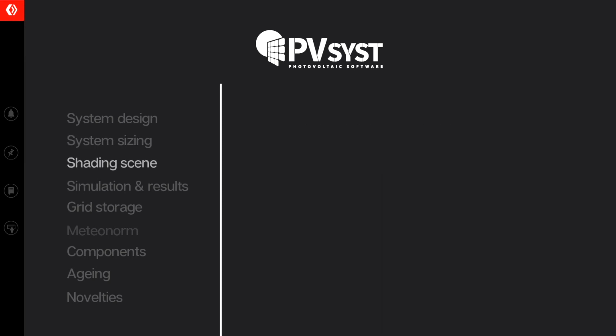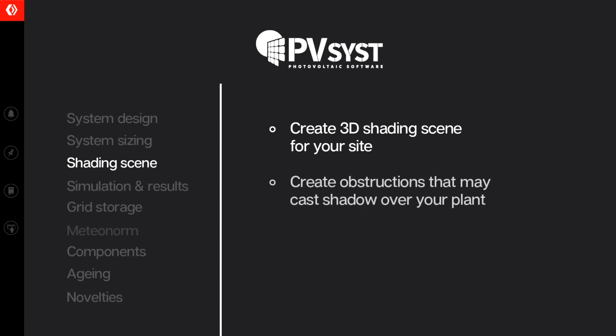The next part is the 3D shading scene. One of the major or important factors that we as solar designers are concerned with is the effect of shadows on our modules. With the help of PVSyst, we can create a 3D shading scene to reflect the actual scenario and check the shadows of various objects on our solar plant and also check their effect on the generation.